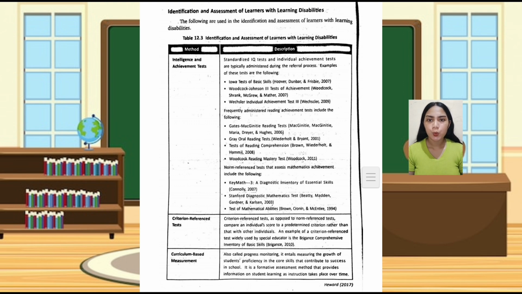For example, weekly or monthly assessments in areas like reading fluency, for example words read per minute, or math accuracy. Tools like DIBELS, or Dynamic Indicators of Basic Early Literacy Skills, for early literacy. CBM provides immediate feedback, helping teachers adjust their instruction based on a student's progress.